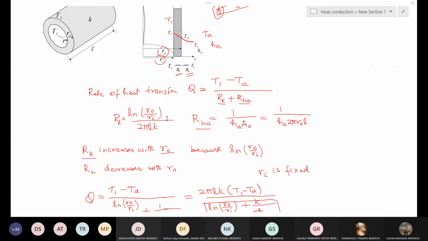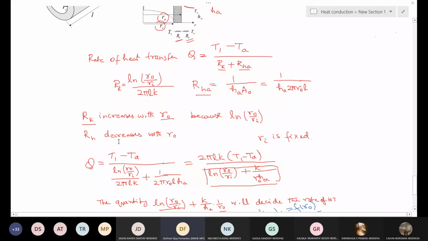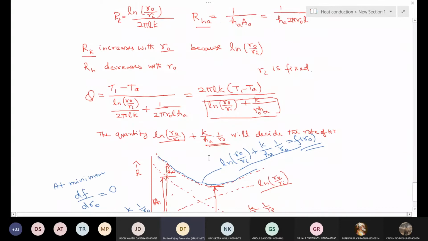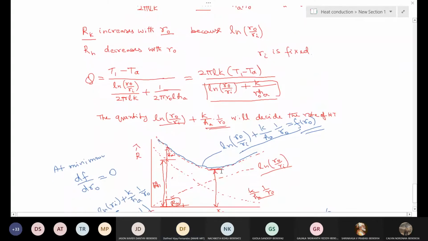So conduction resistance increases, whereas convection resistance decreases, and at which rate they increase or decrease depends on that. Based on that, we can have a critical thickness which allows more heat transfer with the insulation than without insulation.